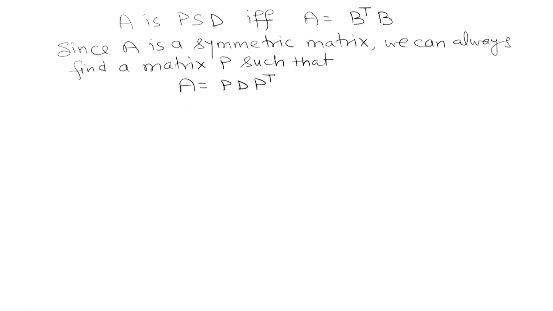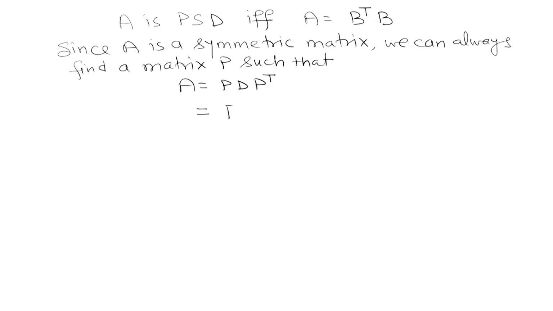Now, what I need to prove is that A can be written as the product of two matrices, that is B transpose into B. Since A is positive semi-definite, the eigenvalues of A will be non-negative and hence all the diagonal entries of D will be non-negative.